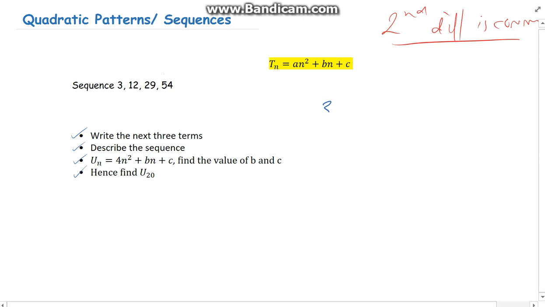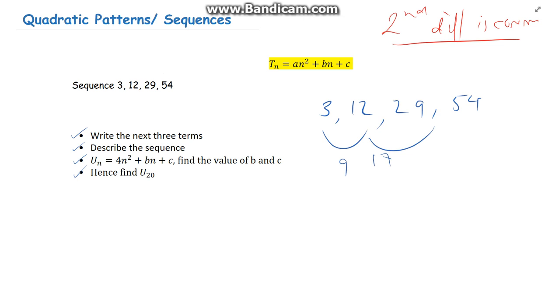If I write out the sequence, we have 3, 12, 29, and then 54. The first thing you do is check the first common difference. From 3 to 12 is plus 9. From 12 to 29 is 17.